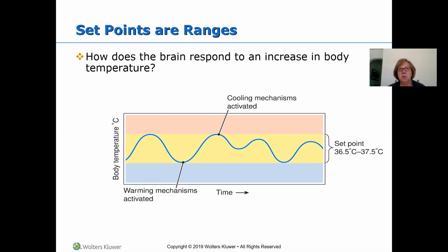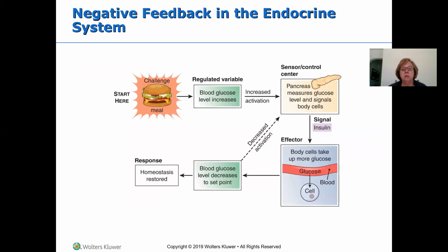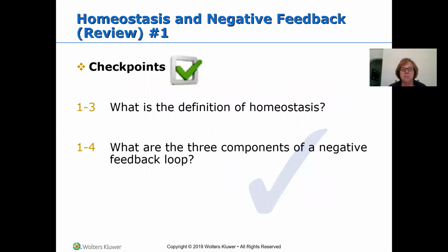When it falls to either side, then that's when the feedback loop kicks in in order to allow for a homeostatic balance to occur. Okay, and again, negative feedback loops are much more prevalent than the positive.